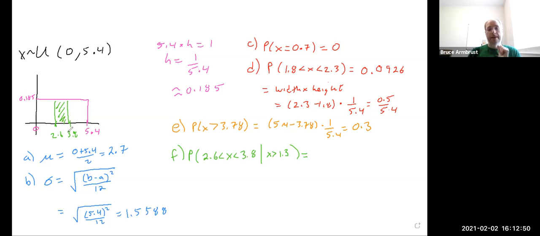But this isn't out of the entire thing. We're already restricted, right? We were told that x is greater than 1.3. So really the question is, what portion of this blue is the green? So we need to take the green area and divide by the blue area.